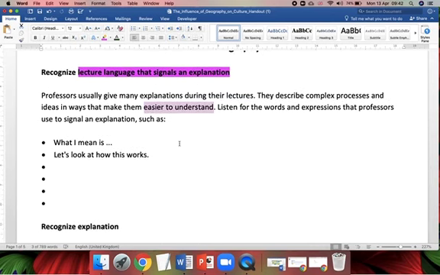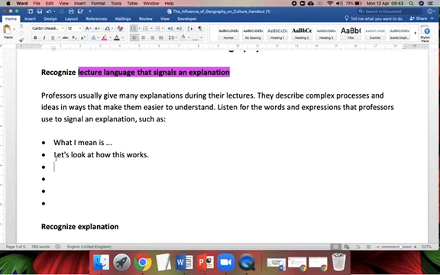So what lecture language can it be? For example, what I mean is, or let's look at how this works. If a lecturer explains what a disruptive technology is, they can say, okay, disruptive technology, what I mean is, it is the technology that has dramatically changed the way we do things.